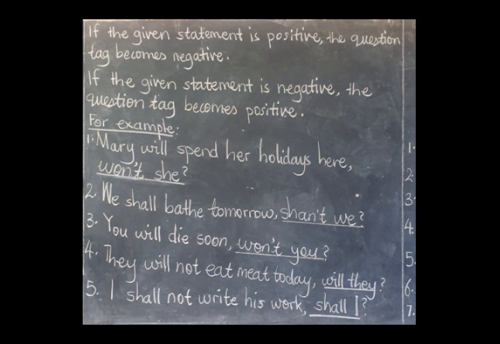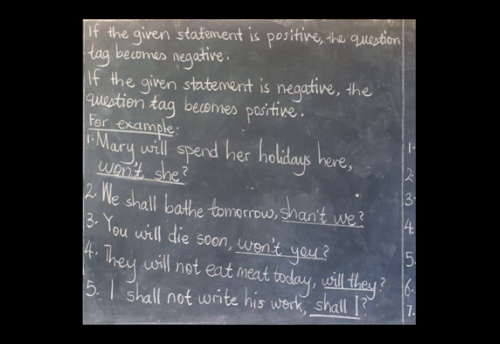They will not eat meat today, will they? Because in the statement it is will not. Therefore, we go to the principle which says a negative statement takes a positive question tag.